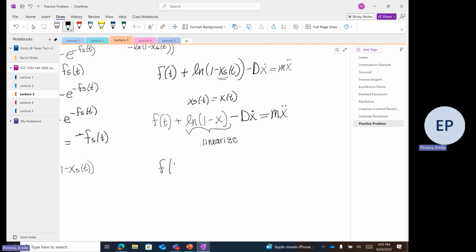So we have our input is equal to m x double dot minus the natural log of 1 minus x plus d x dot. So we want to linearize this guy.